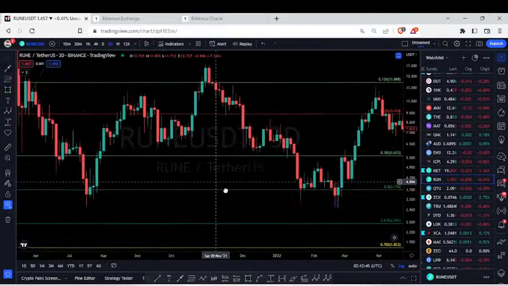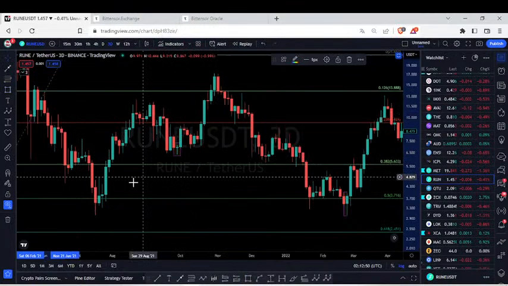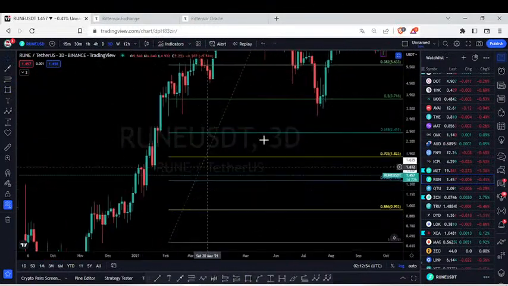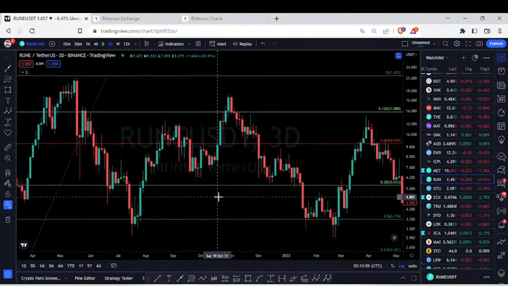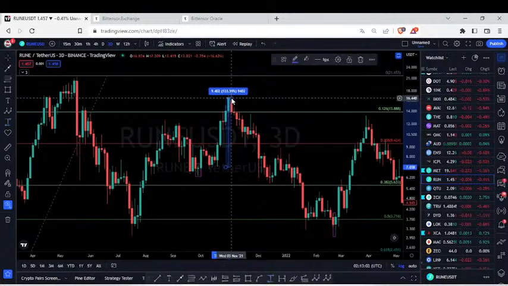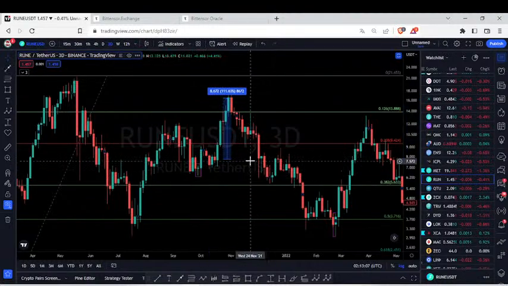Bullish hammer, reversal doji. Okay, the big moves come after these reversal patterns. Okay, you can easily take them. 100% move. Simple.